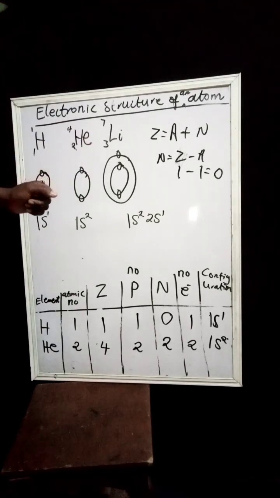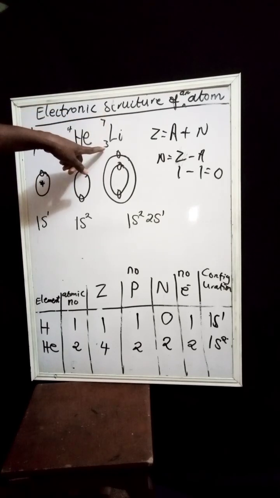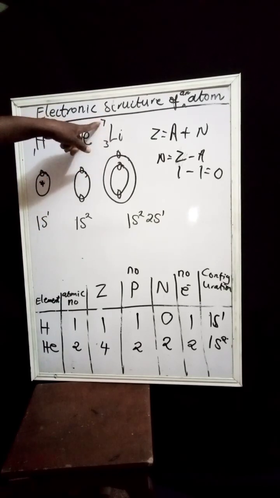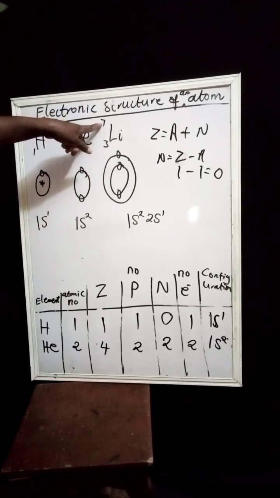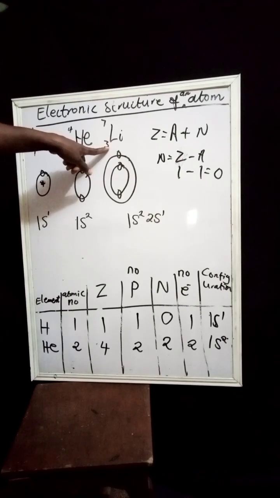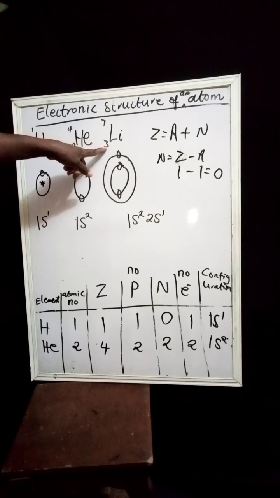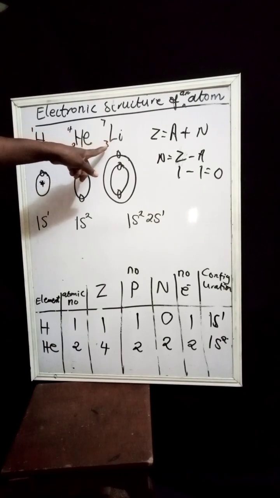For lithium, the mass number is 7. The atomic number is 3. 7 minus 3 gives us the neutron number. So 7 minus 3 is 4. So the number of neutrons is 4. The proton number is 3. The number of electrons is 3, because the number of electrons must be equal to the number of protons.